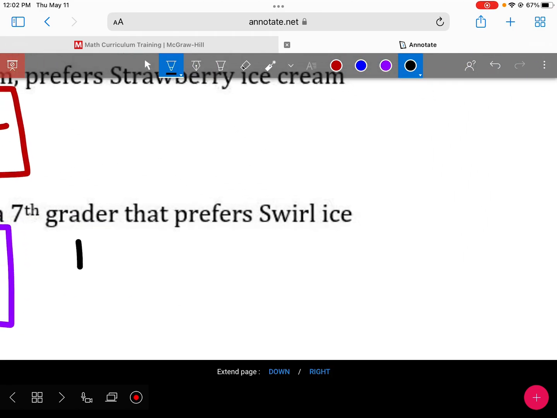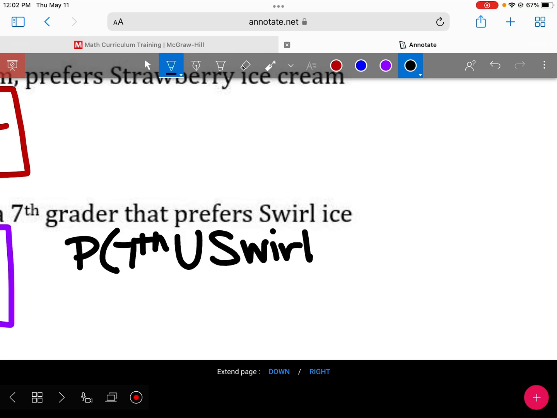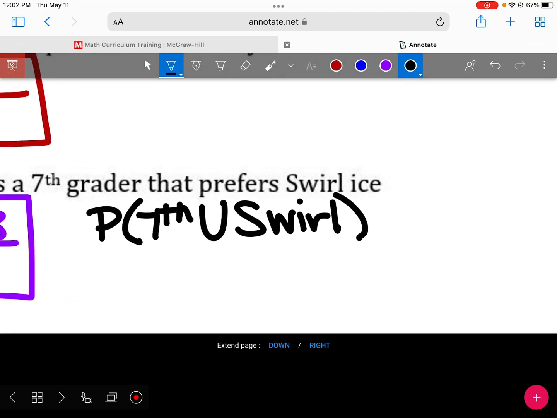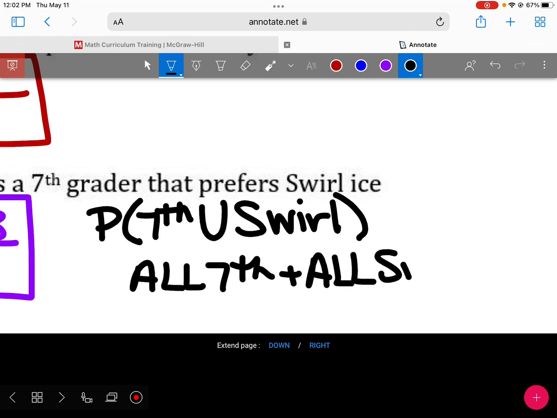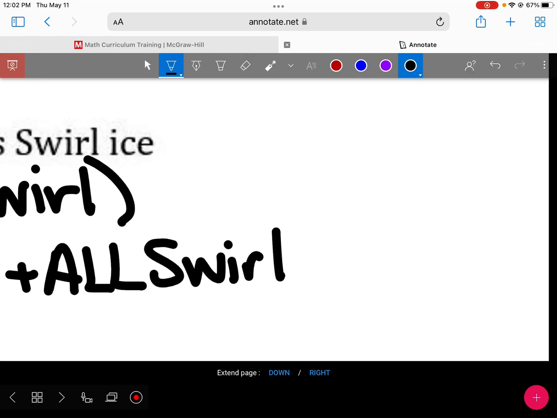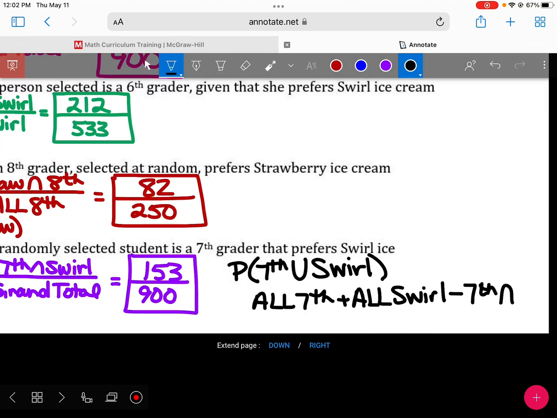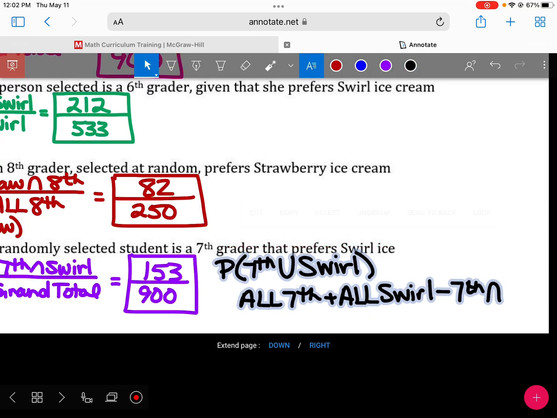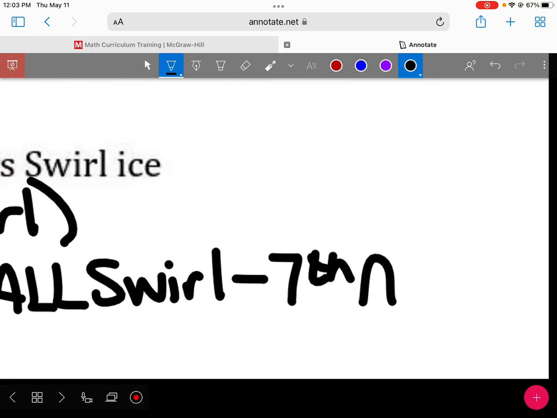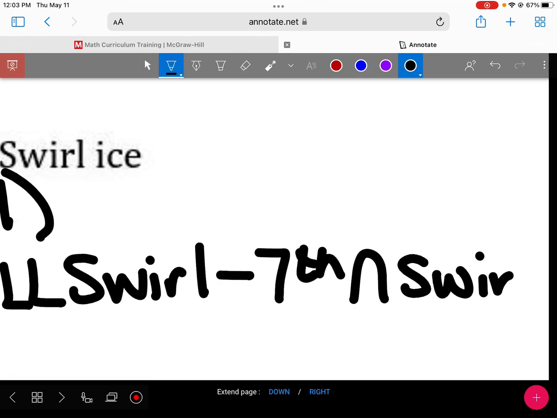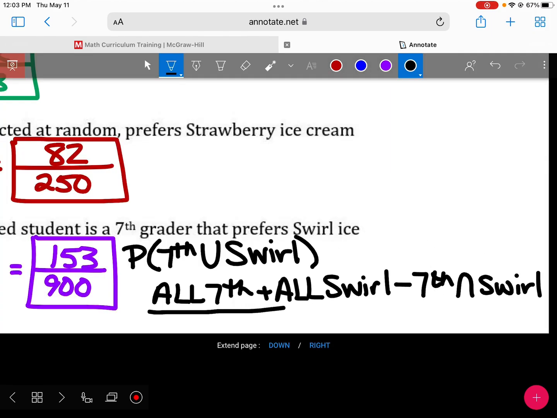So if this had said probability of 7th union swirl, we would have to do all 7th plus all swirl minus 7th intersect swirl divided by the grand total.